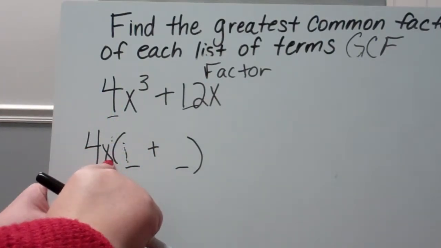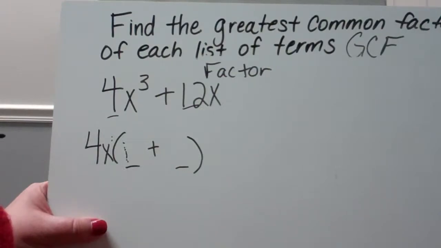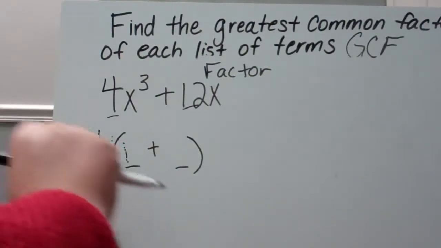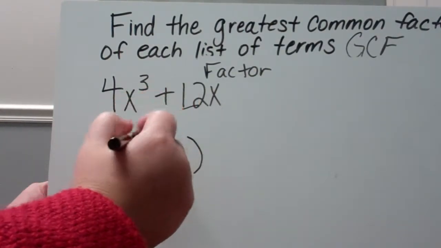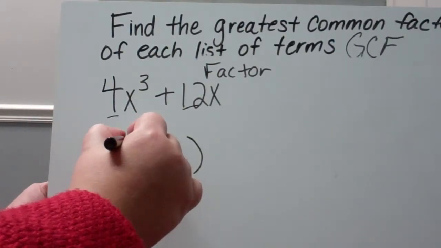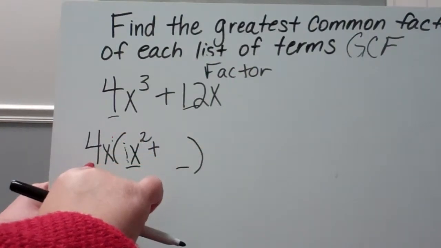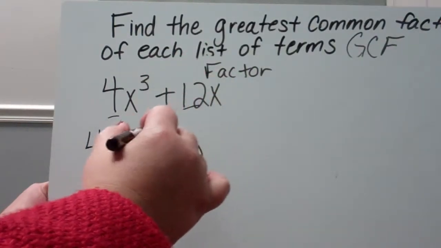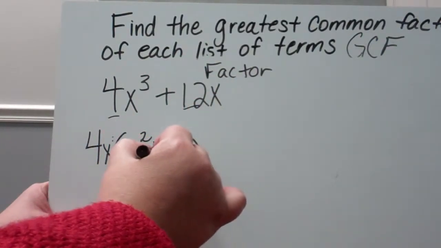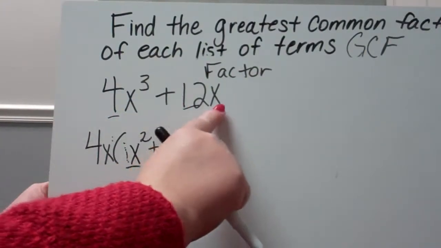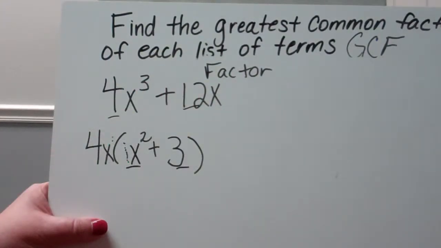If we divide an x out of x to the third, if we take 1x out, that leaves us with x squared. Okay, let's do the next one. If we divide a 4 into 12, that gives us a 3. If we remove 1x, we don't have any x's.